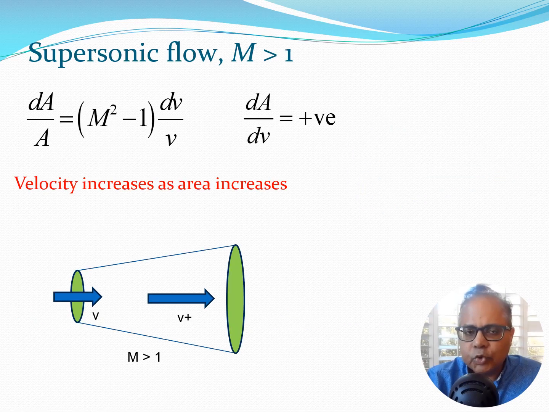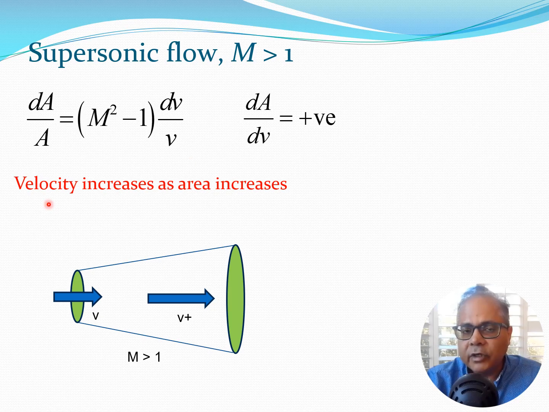Now let's consider supersonic flow where M would be greater than 1, and let's look at that same equation again. Now this time we see that if M is greater than 1, this M square minus 1 is going to be greater than 0, and therefore dA by dV is going to be positive. Again, considering that A and V are positive in general because they are physical quantities.